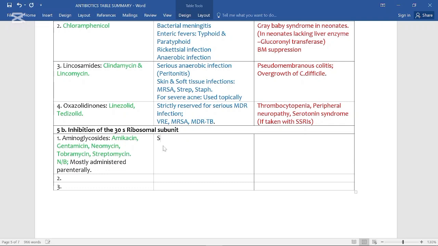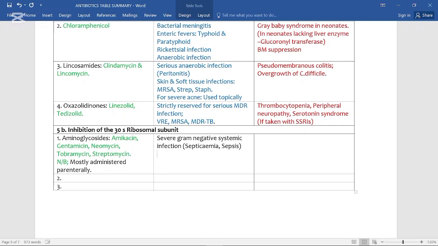So here you can put that they are very good against severe gram-negative systemic infection, septicemia, and sepsis. So that's one of the major indications.